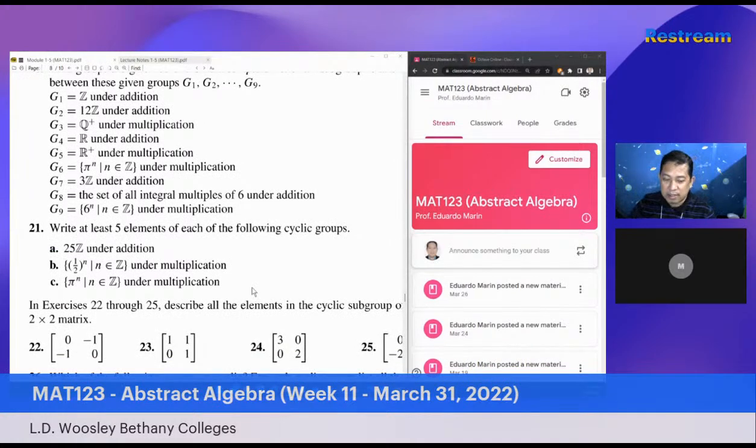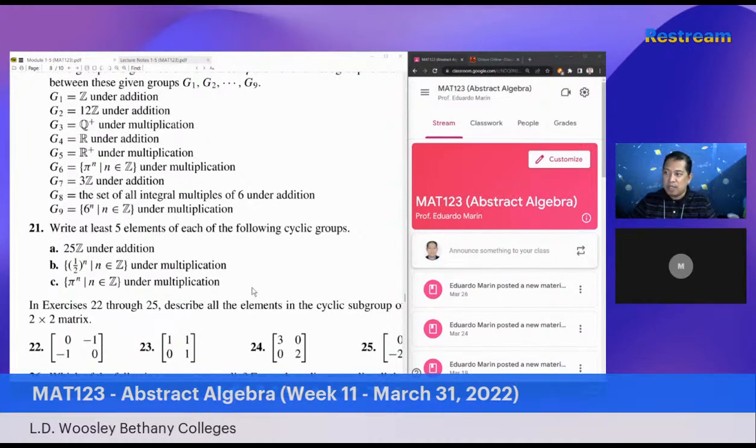Okay, the answer is, since this is 5, so you could include 0, 25, and 50 on the positive side. On the negative is negative 25 and negative 50. So those are the 5 elements of the cyclic groups. Cyclic kasi umiikot-ikot na lang siya.